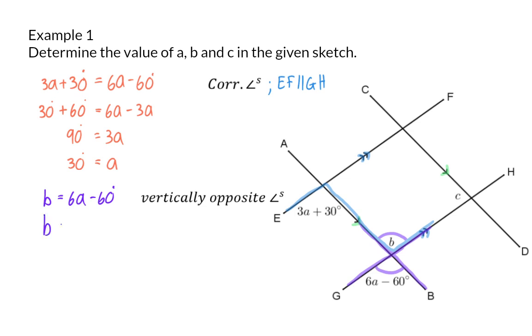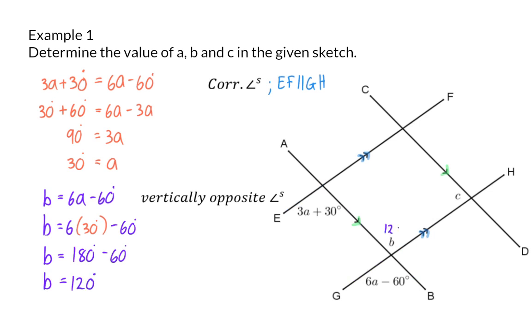We just calculated that A is 30 degrees, so we can now substitute A with 30 degrees. This means that we have 6 times 30, which is 180 degrees, and if I subtract 60 from that, B will be 120 degrees.